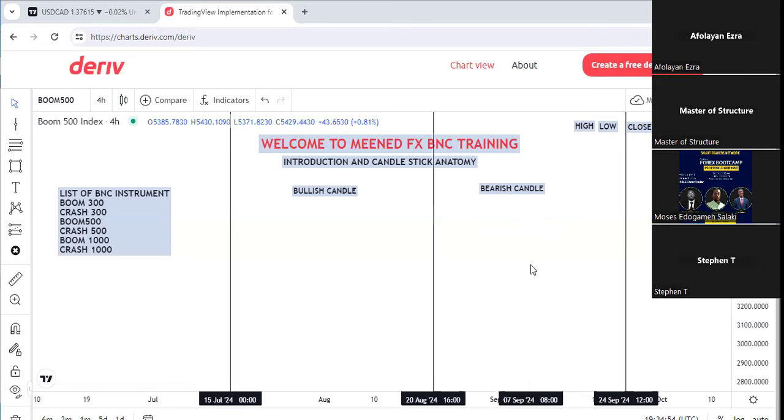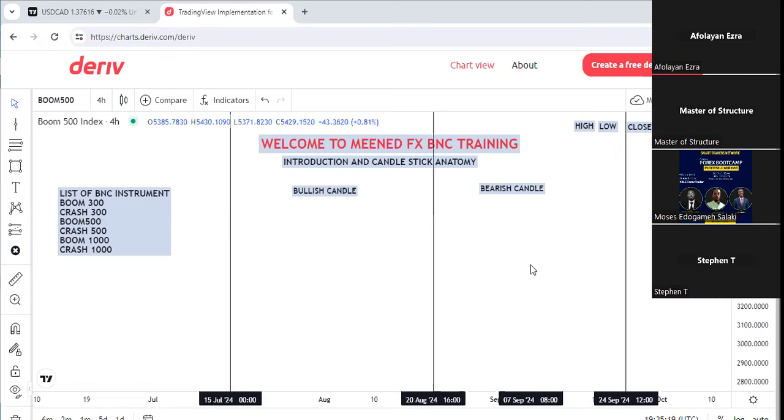Currently, the minimum amount you should have to trade boom 300 is $31. Even if you don't have $31, you can't place any trade on it. So the minimum you should have is 31 point something, I can't remember, but it's 31 plus.